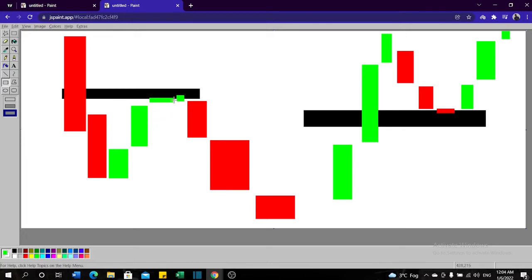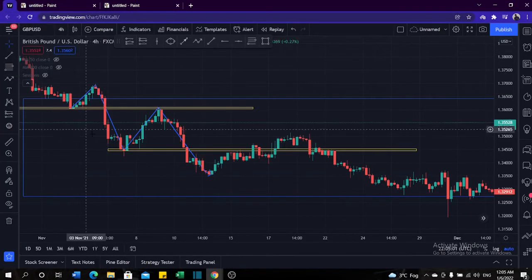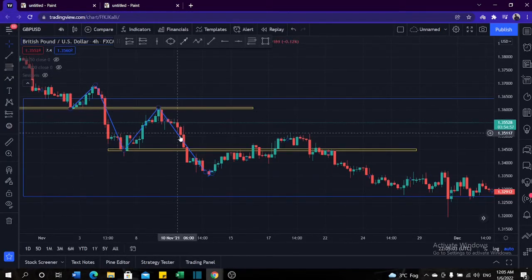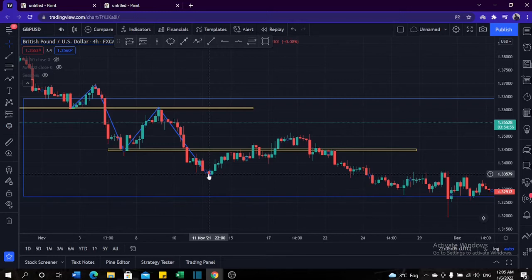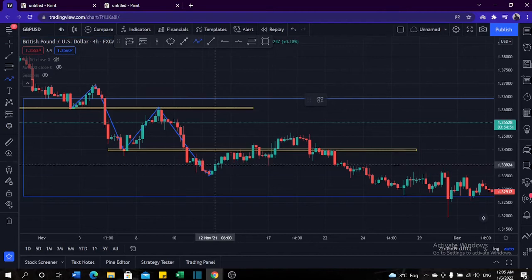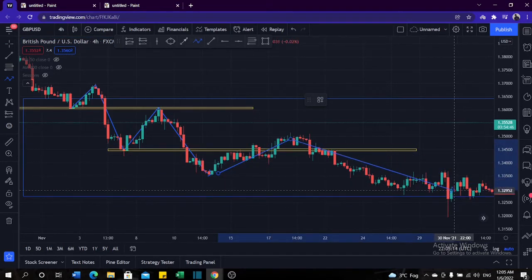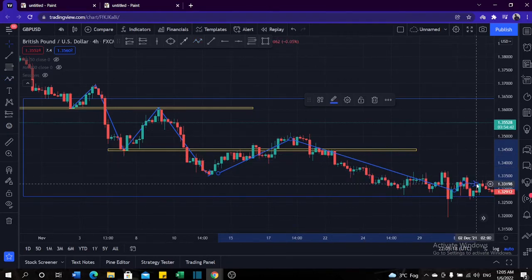It tried to come back to this area of support and resistance, and the next candle was bearish. That means the price has just retested this area and decided to go downwards instead. Then the bearish trend continued to be bearish for a while, and our downtrend continued in this direction.